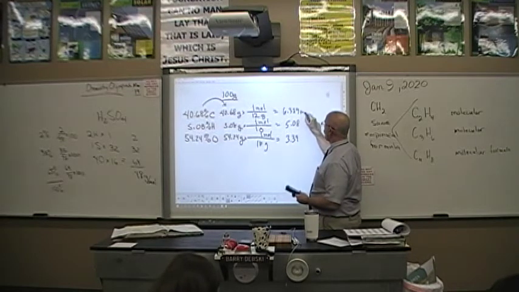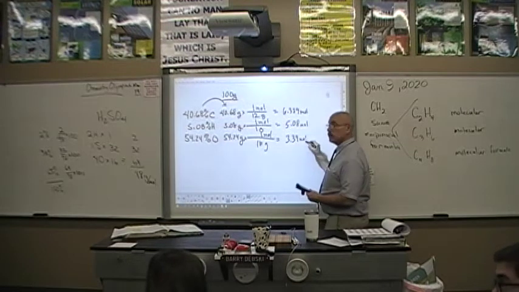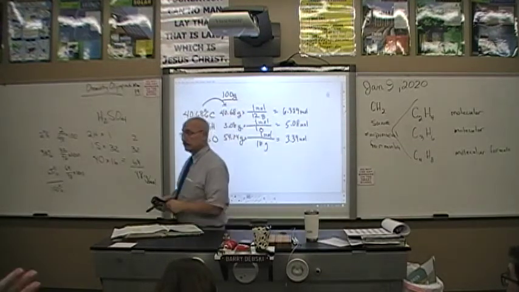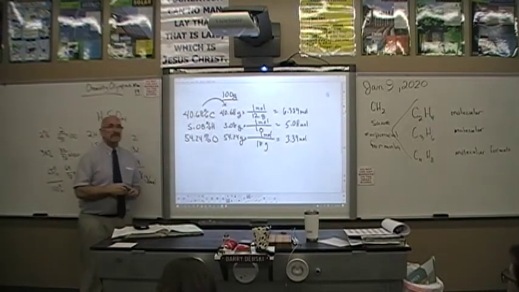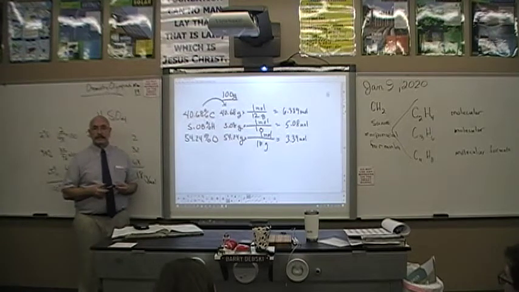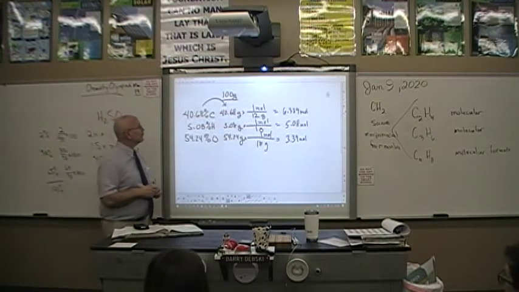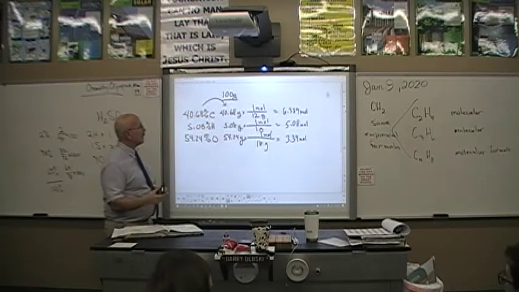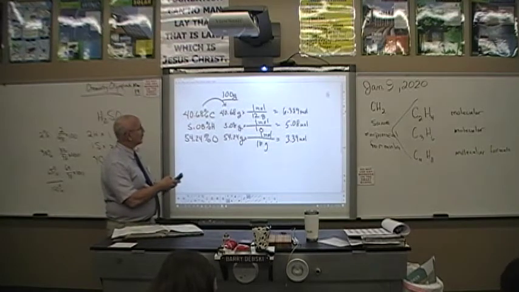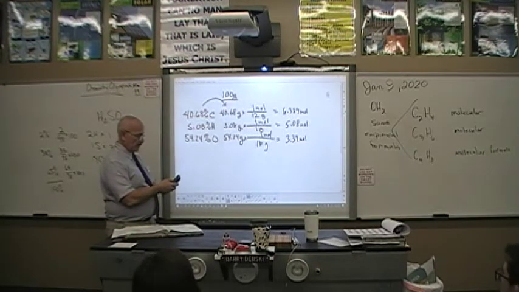Each one of these is in moles. Moles of carbon, moles of hydrogen, moles of oxygen. No. The top one is wrong. Yeah, it is. It's got to be 4 point something. Yeah, 3.39. Yeah, it is.